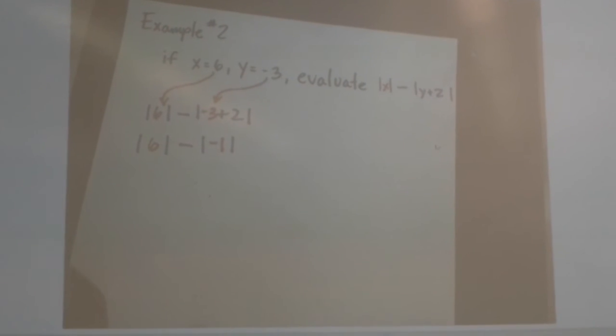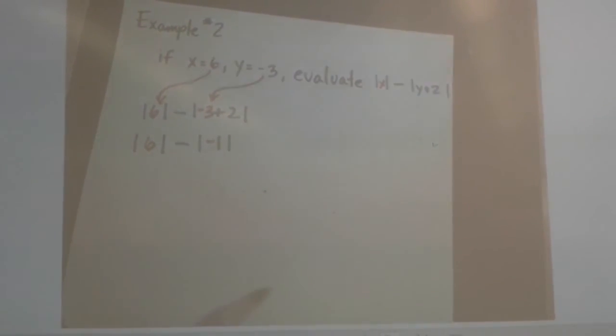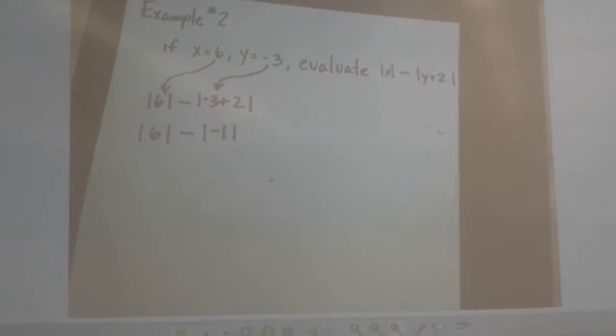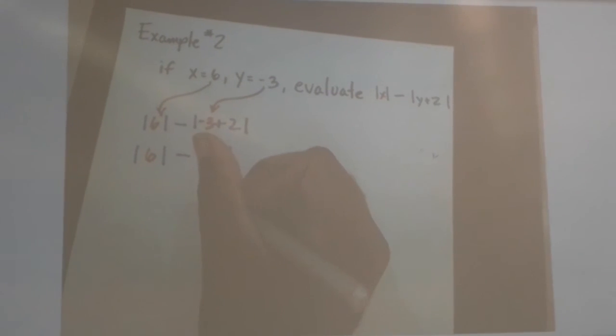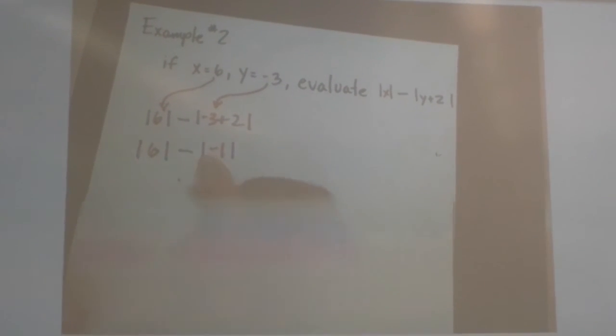So therefore, treat this absolute value sign. You have negative 1 is the absolute value. Well, the absolute value of negative 1 is positive 1. So this is going to be positive 1. This is going to be a negative sign out here.